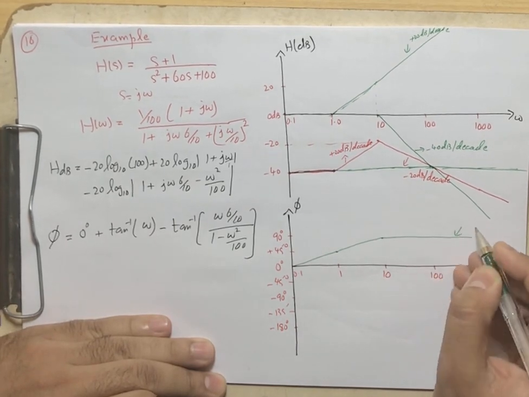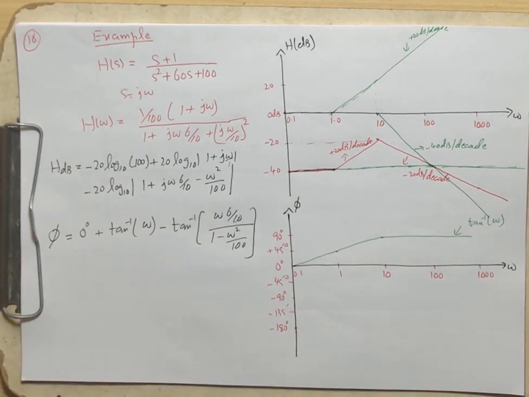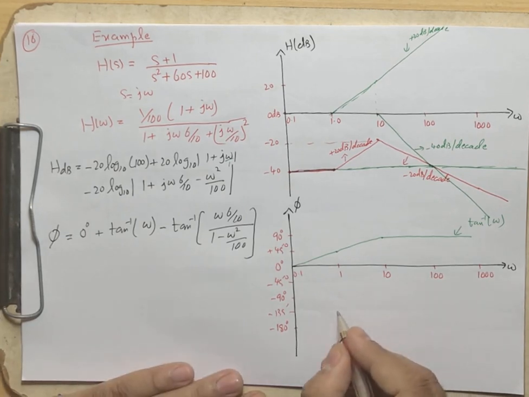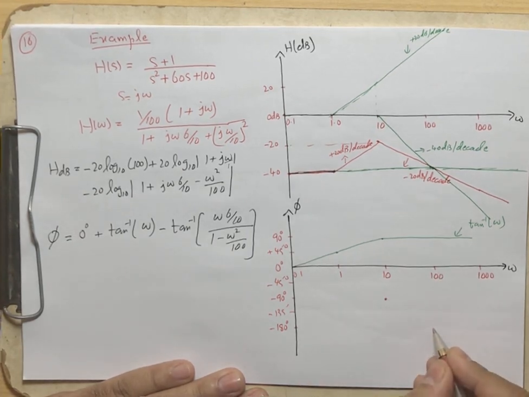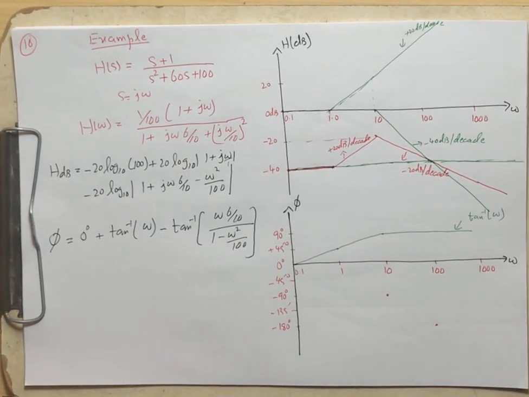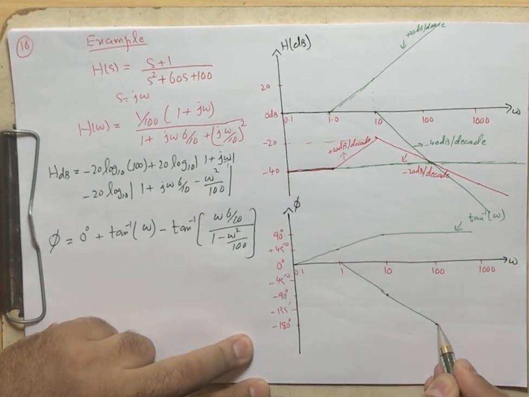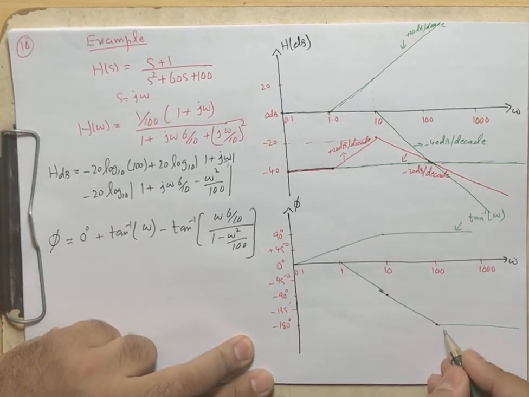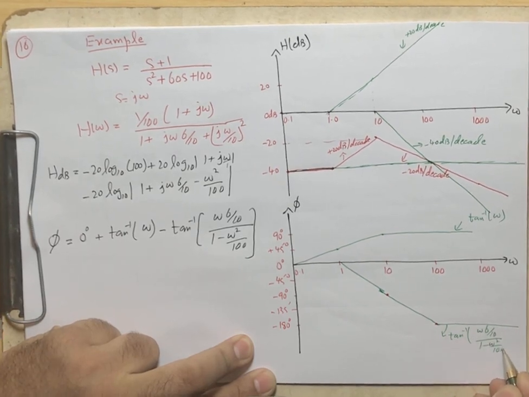So this is basically tan inverse of omega. And the other one is minus tan inverse of, so it will start from, at 10 it will be 90, and at 100 it will be 180. So this will be the slope of your tan inverse of omega 6 by 10 over 1 minus omega square by 100.